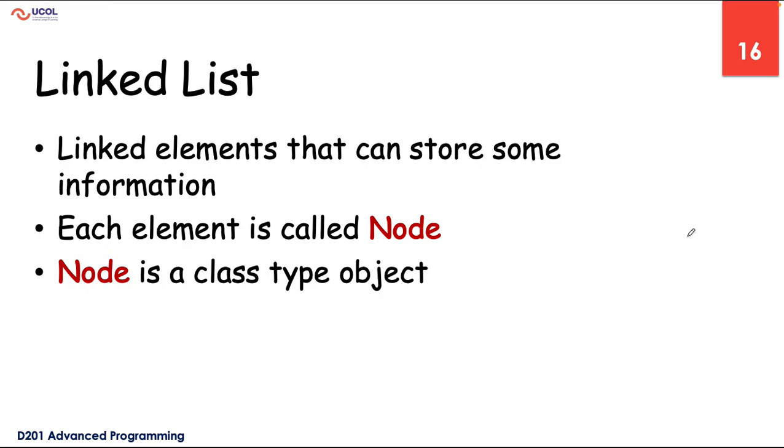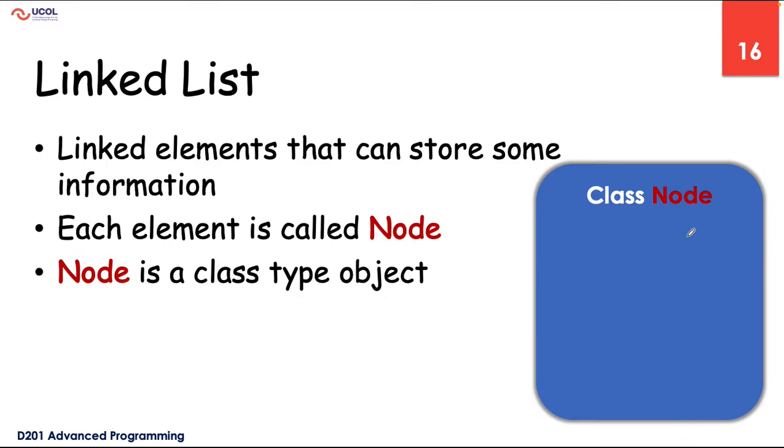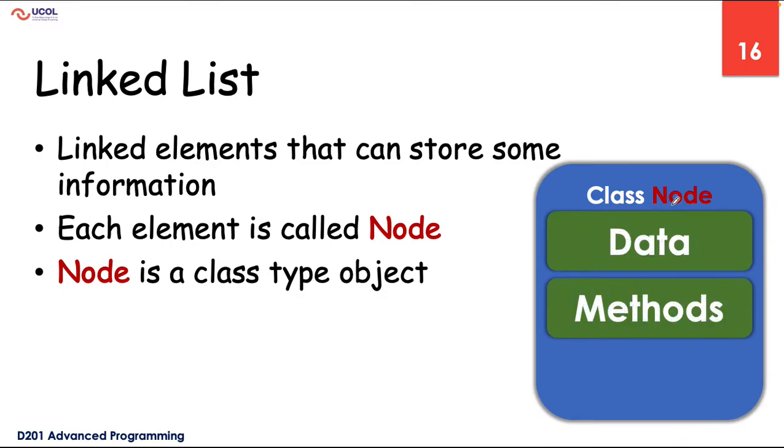The last topic in today's discussion is the linked list. Linked elements can store some information, and they are linked with each other. Each element is called a node. A node class is something like this: we have data, and methods, and also a link inside, and that link points to the next element in the linked list.